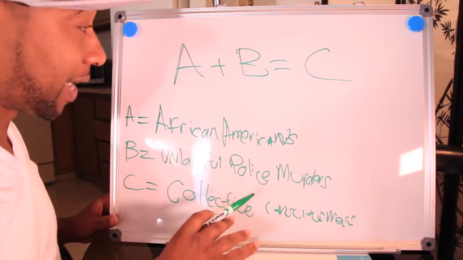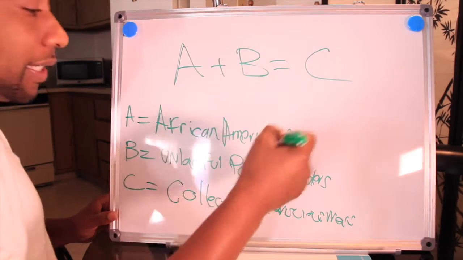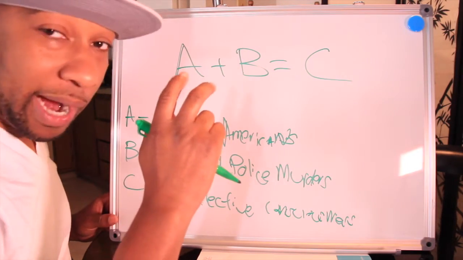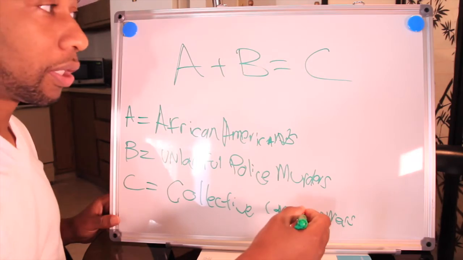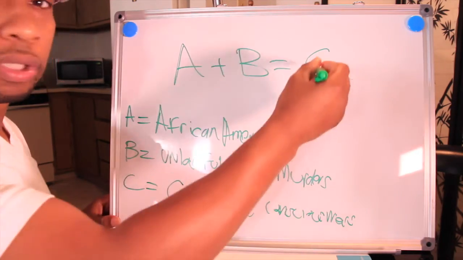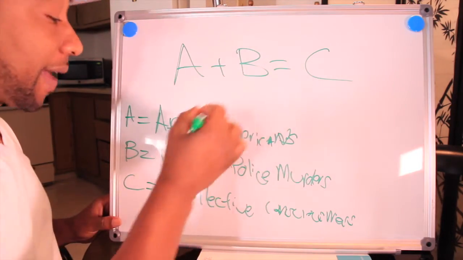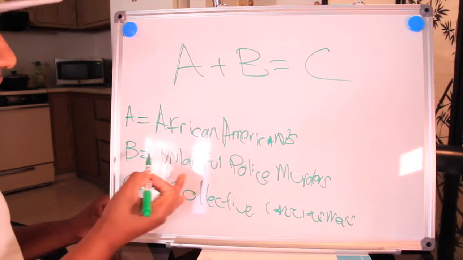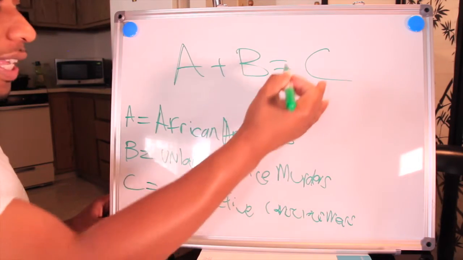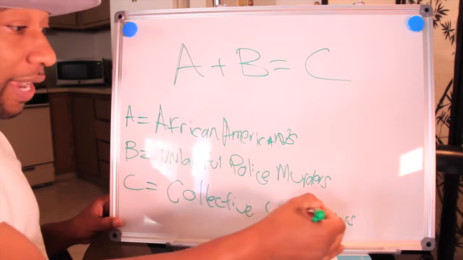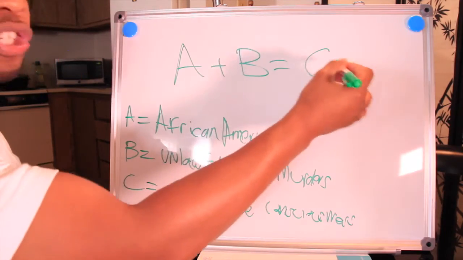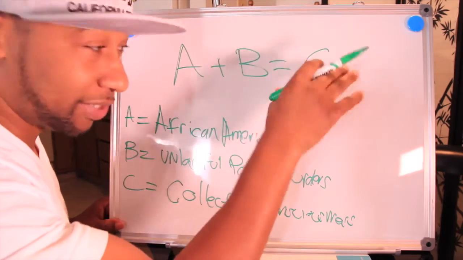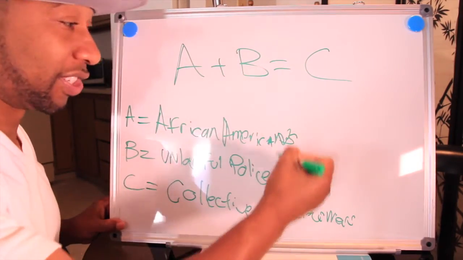What this could be is most African Americans in their right mind will be like, this is wrong. And it doesn't even have to be African Americans. Most people can see that when you have African Americans and unlawful police murders, that's wrong. So the collective consciousness is that this is something that's wrong. Most people with common sense can say this is wrong because it's just not natural.